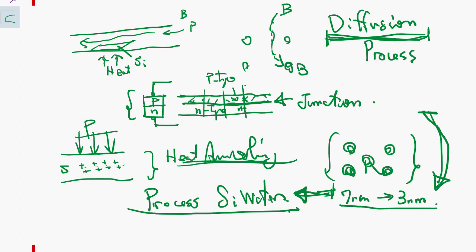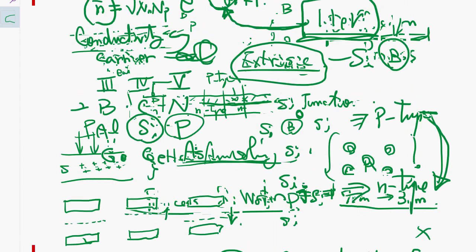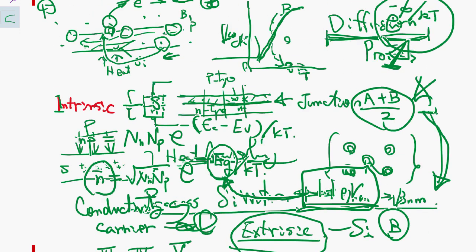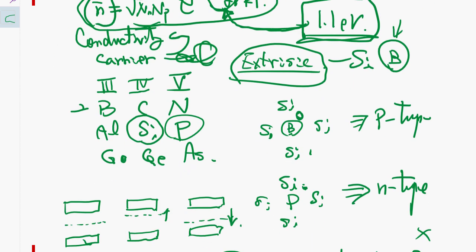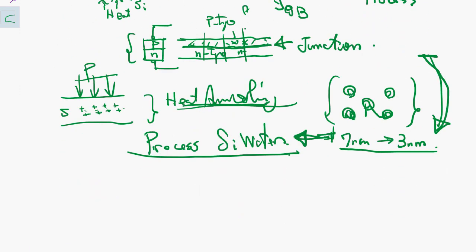Okay, so we go back to the equation we got here. This guy, the average, let's write it here again: NC and NV, and minus EG over KT, right?